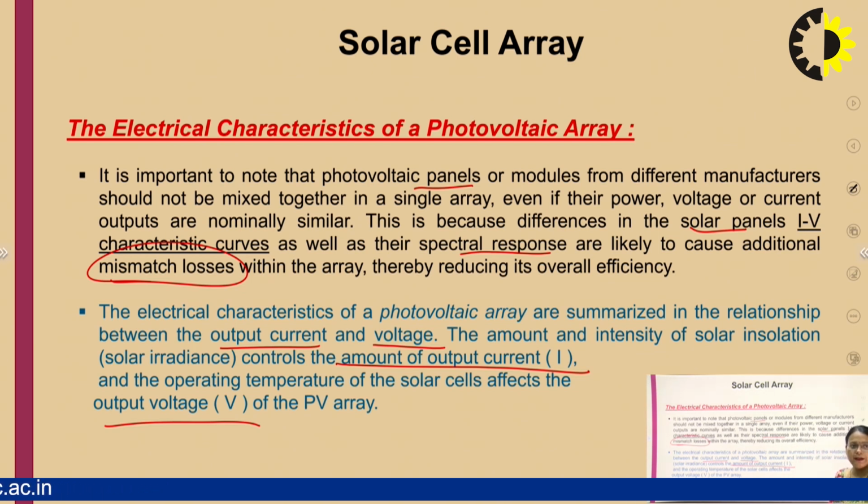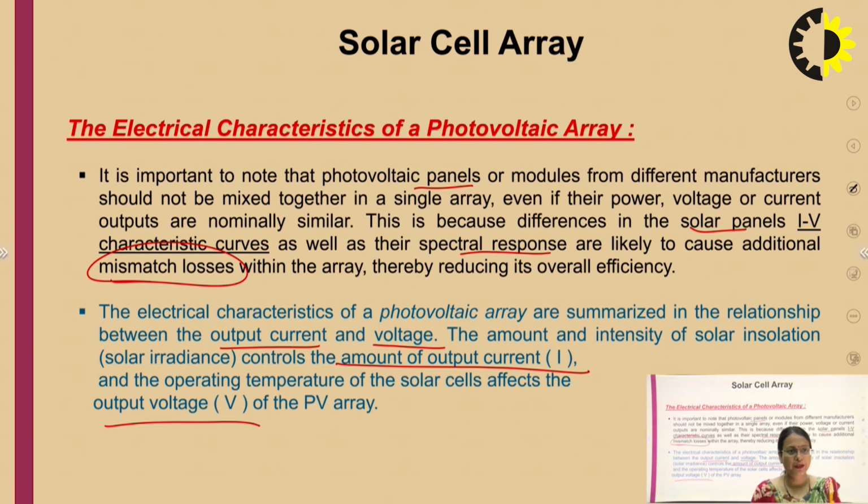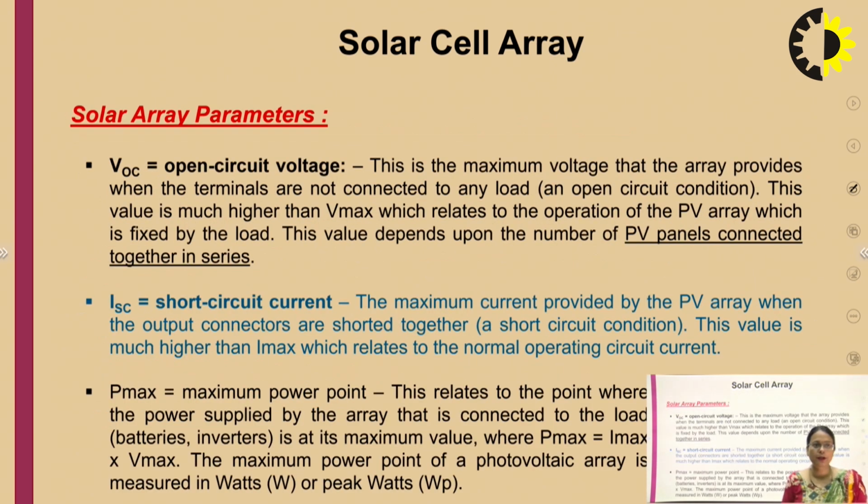So the output current depends upon the intensity of the solar radiation, while the output voltage depends upon the operating temperature of the array. The parameters we will consider are the open circuit voltage, short circuit current and the maximum power.